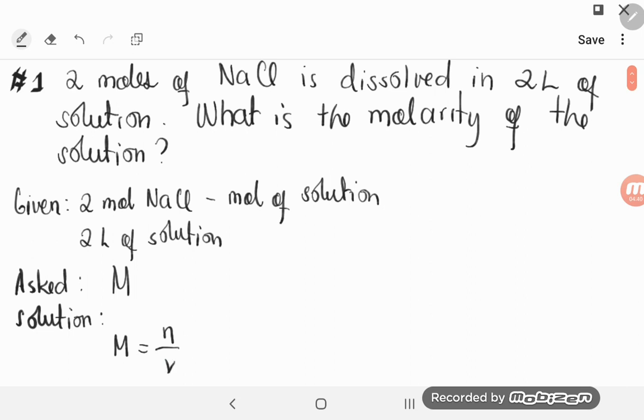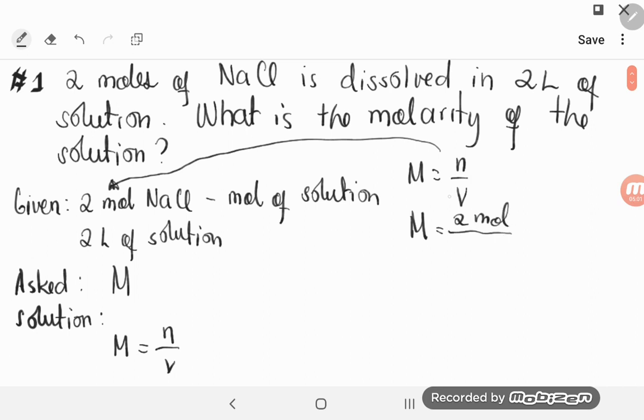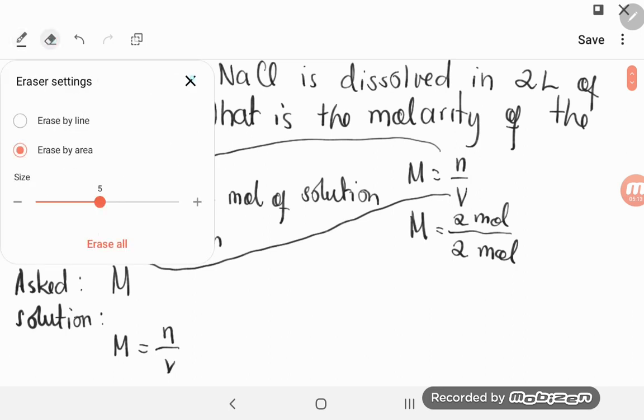So let's now substitute in the formula. M is equal to n over V. Substituting, we have here the n, which is equivalent to 2 moles, divided by the V, which is the 2 liters. Wait, let me erase that one first.